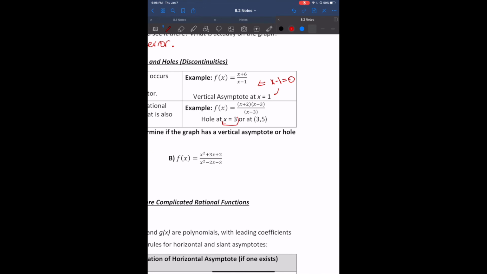This came from the denominator. And because we cancel out, we simply substitute it into the function. Our function now is f of x equals x plus 2. If we substitute 3 for x, we get 3 plus 2, so when x is 3, y is 5. So the hole location is at (3, 5).